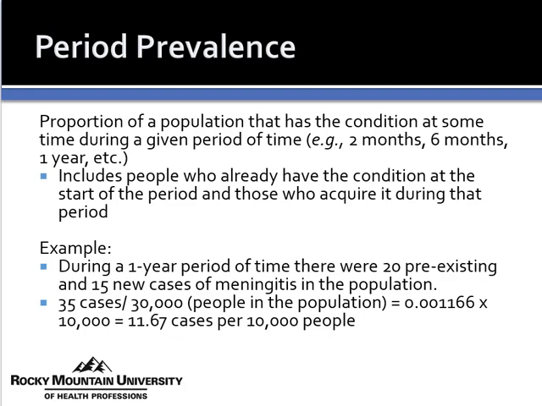So, for example, during a 1-year period of time, there were 20 pre-existing cases of meningitis and 15 new cases that developed in the population. So if the population was 30,000, we'd take 35 divided by 30,000, 0.00116, multiply it by some factor of 10, in this case 10,000, and we're able to determine that there were 11.67 cases per 10,000 people.